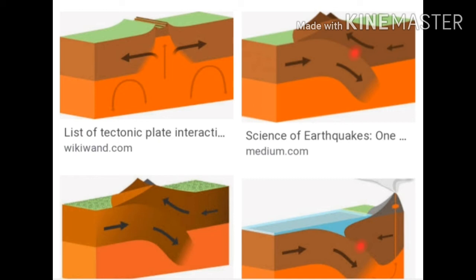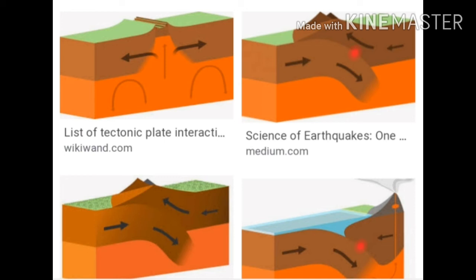In this form, one plate goes up over another plate and one moves downwards. Such movement of the plates raises the land, and mountain-like features we can see on earth through these plate movements. These movements are actually responsible for features like mountains. Our Himalaya in northern India is the result of this type of plate movement.